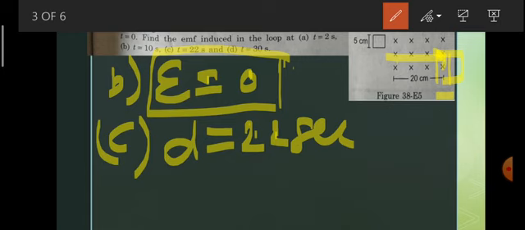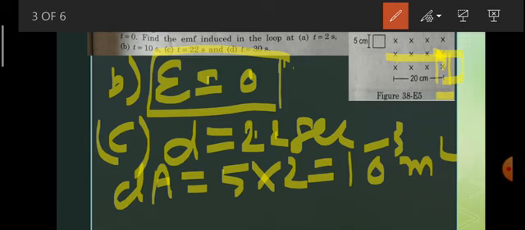Okay, so in this case the change in area is 5 into 2, which is 10 raised to power minus 3 meter square. So the induced EMF is minus B dA over dt.